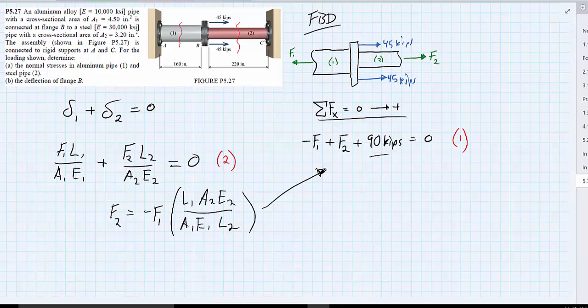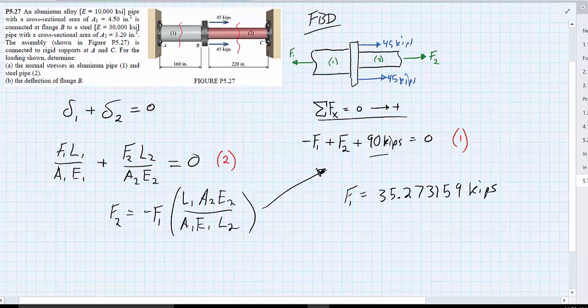I'm not going to do all the algebra here, but if you do it correctly, you could get a force F1 equal to 35.273159 kips. Then with this answer, we can plug it back in and solve for F2. So F2 then equals negative 54.726841 kips.